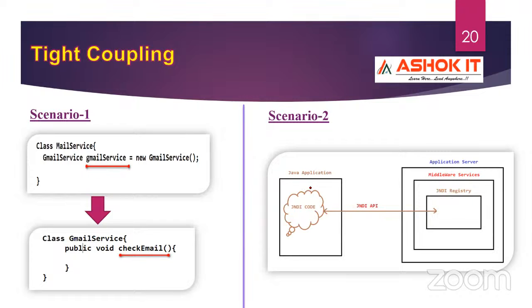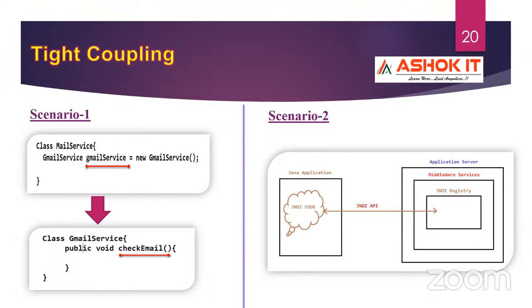If your Java application contains JNDI code to collect the object information from the JNDI registry, the JNDI registry is nothing but a block of memory which contains Java objects. Those Java objects we can collect through JNDI code in the Java application. In this scenario as well, there is tight coupling between the Java application and the JNDI registry, guys. Understood, everybody?